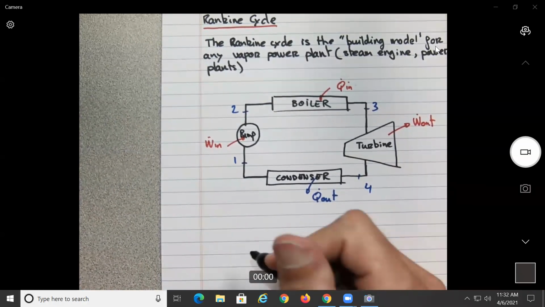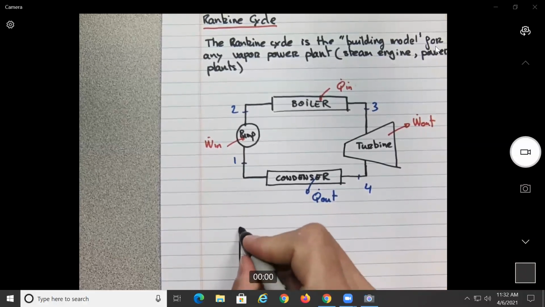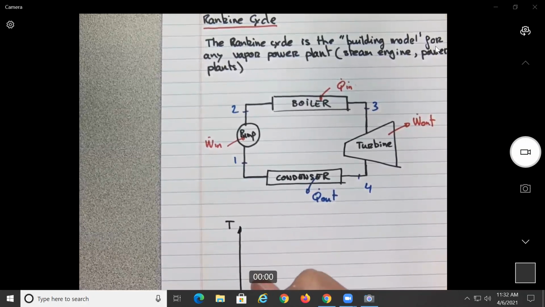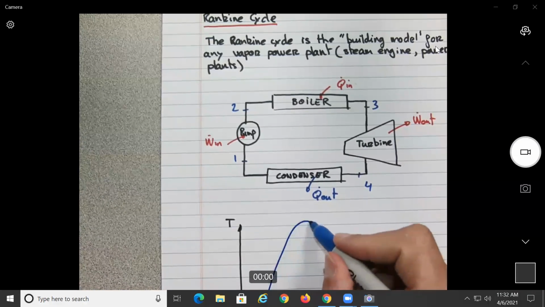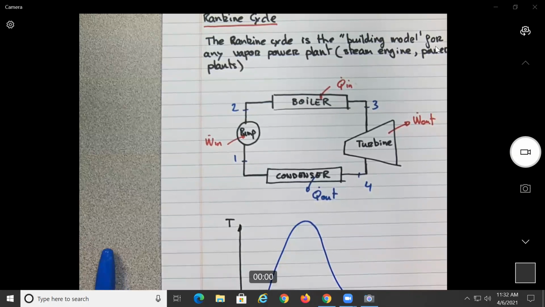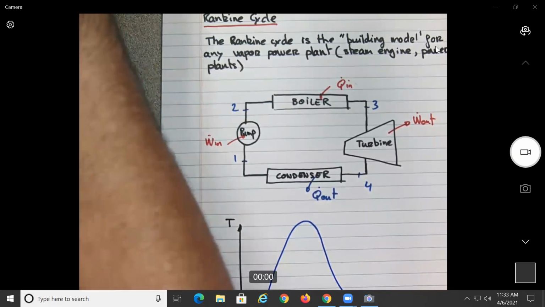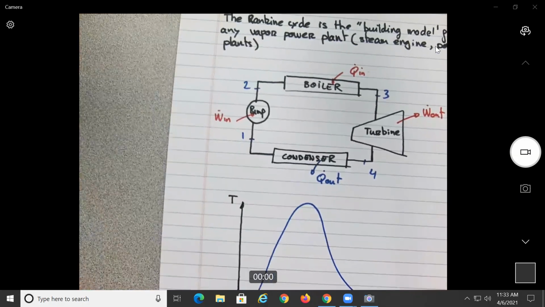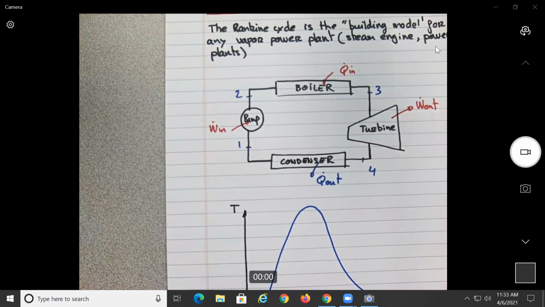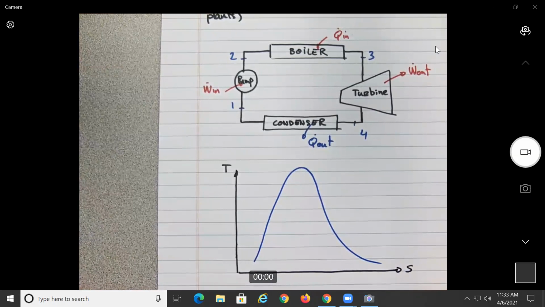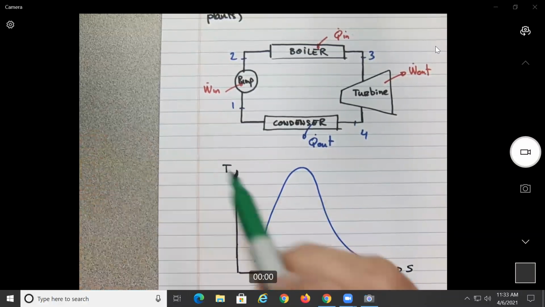So if I do now the TS diagram for this, obviously idealized, let me try to do it big. Over here, let's do this first.